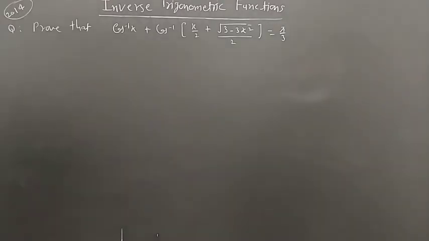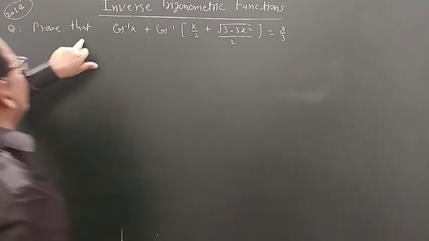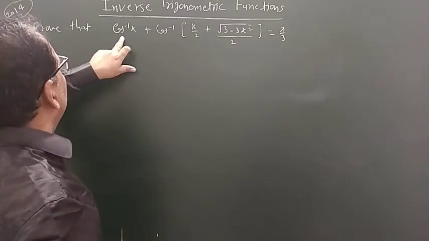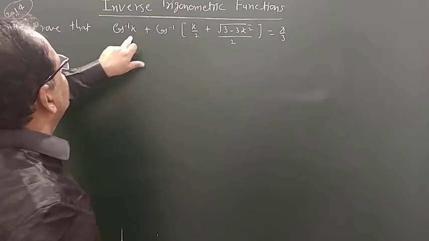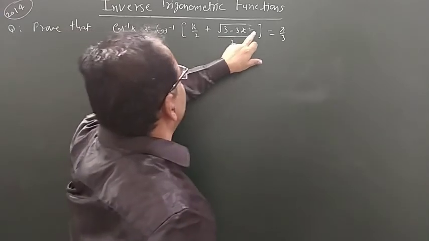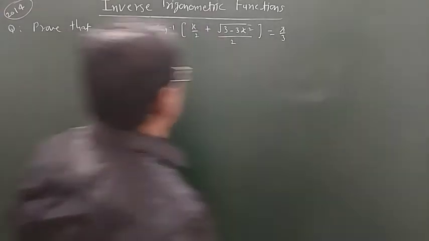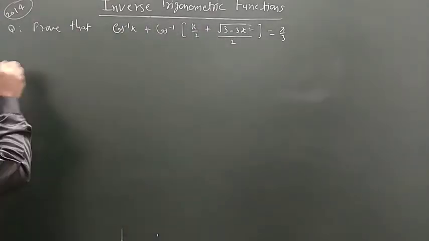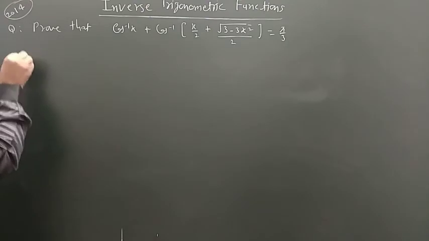Now next problem is from your CBSE examination 2014, not a part of your NCERT book, but a question of CBSE board examination. Cos inverse x plus cos inverse of (x upon 2 plus under root of 3 minus 3x square upon 2) equal to pi by 3. So we start with the left hand side.